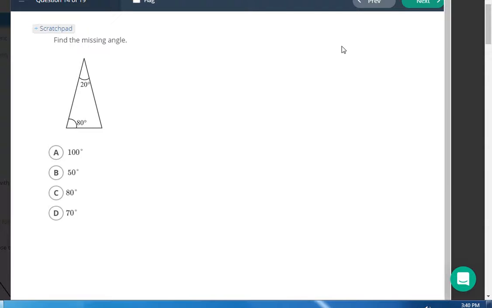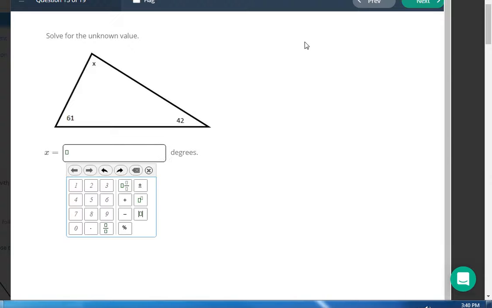Okay, moving right along. Same thing. We know that this plus this plus this is going to equal 180 degrees. So we know that total value is 180 degrees. 61 and 42, if we add those up, we will get 103.